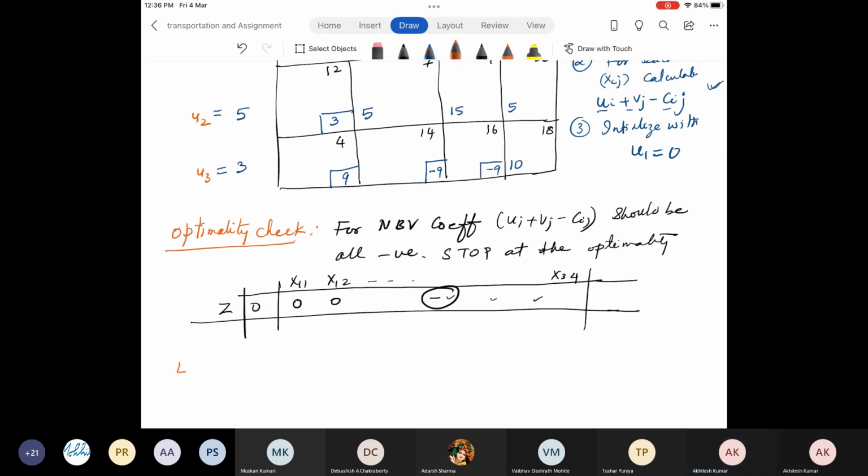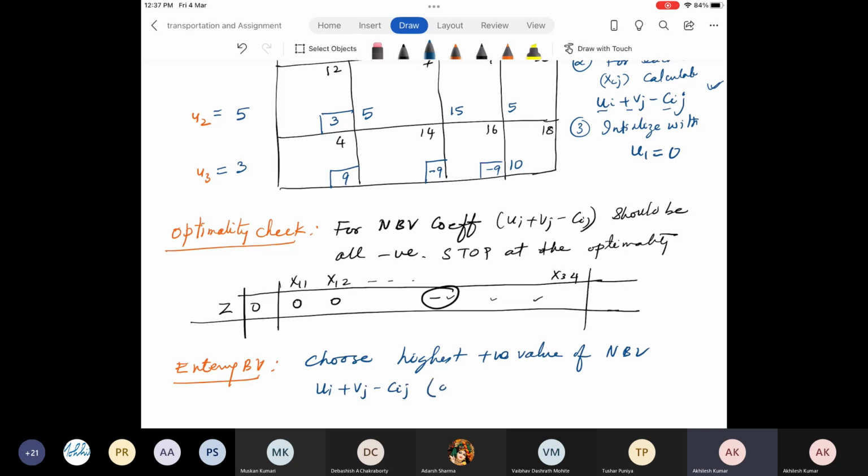The entering basic variable we decide by choosing the highest positive value of the non-basic variable ui plus vj minus cij. I have already shown this is nothing but the 0th row. It's also called reduced cost. I will define it later.